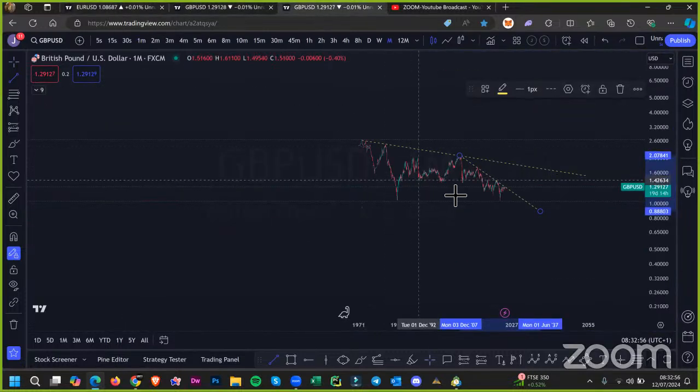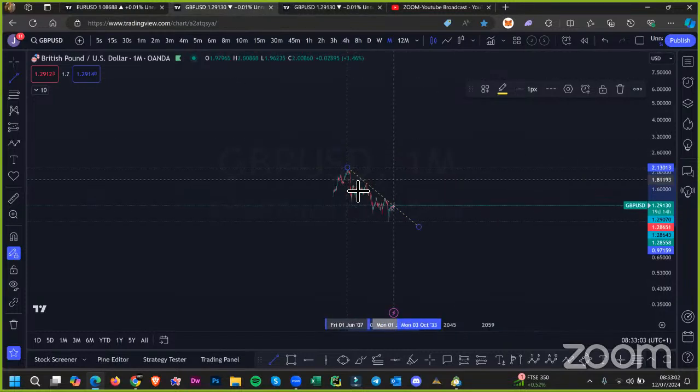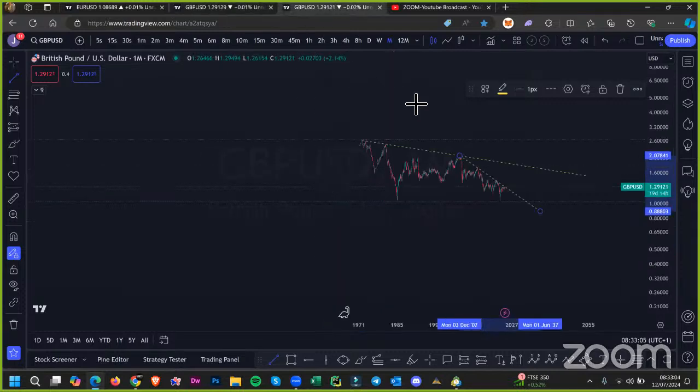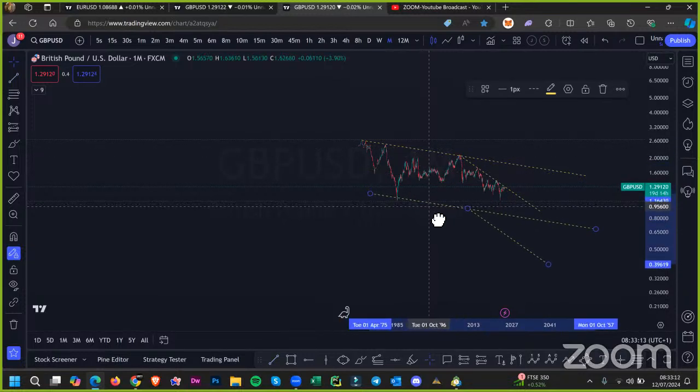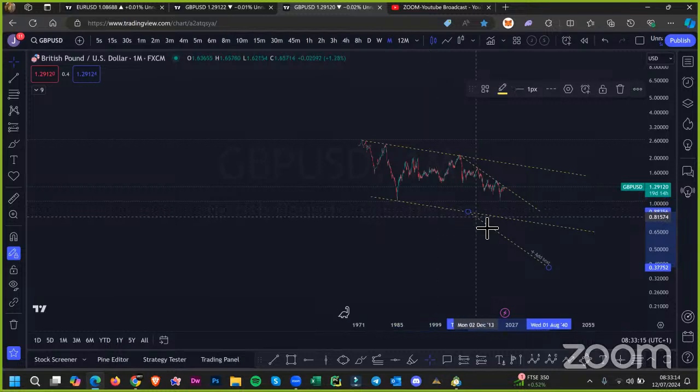Because FXCM, let me see, 2007. FXCM are giving us more candles. It's interesting. FXCM are giving us more data going back. So when you see these little things, you've got to investigate, you've got to research, you've got to find out what's going on.